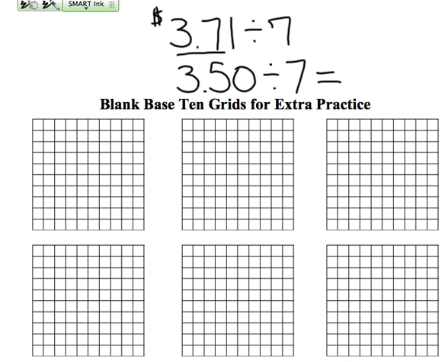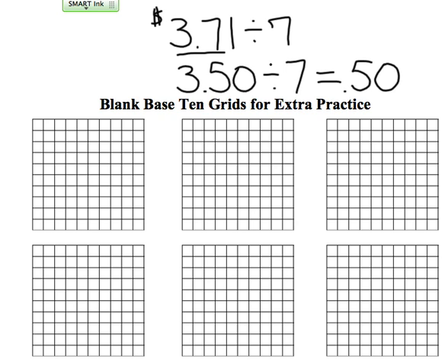We know that 35 divided by 7 is 5. Add the 0 back in, and we can estimate that the total cost of each apple will be about 50 cents. So now we're going to start using the model, the base 10 model, to determine the actual answer.